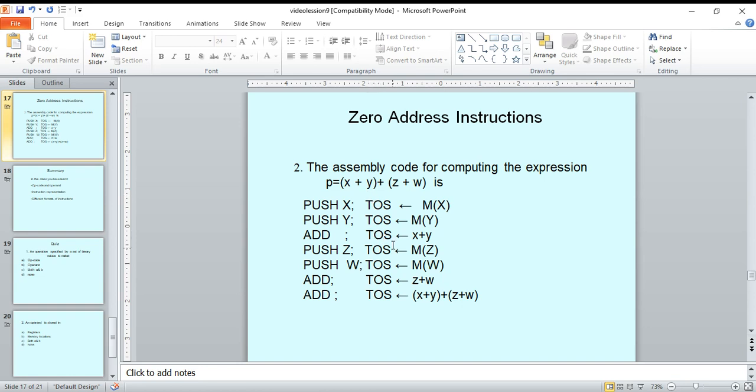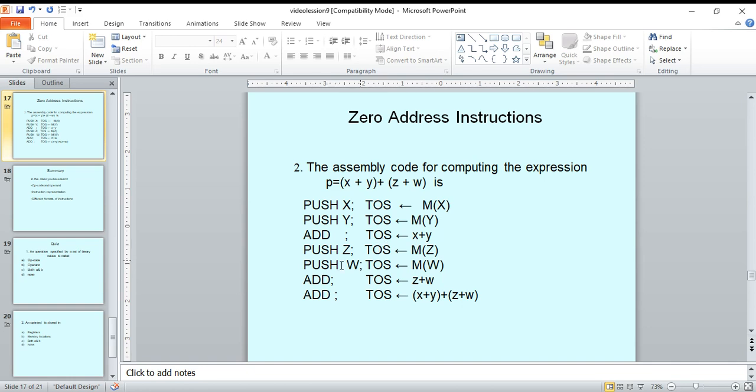Now this is over. Now we push these two values into the stack and then perform the addition operation. For that we use the instruction PUSH Z. PUSH Z means whatever data was present at memory location Z is placed into the top of the stack.